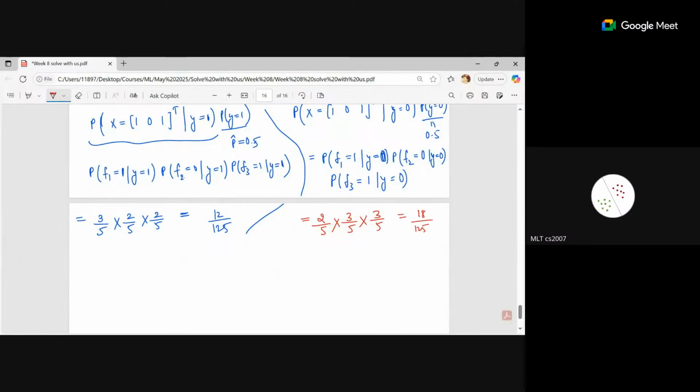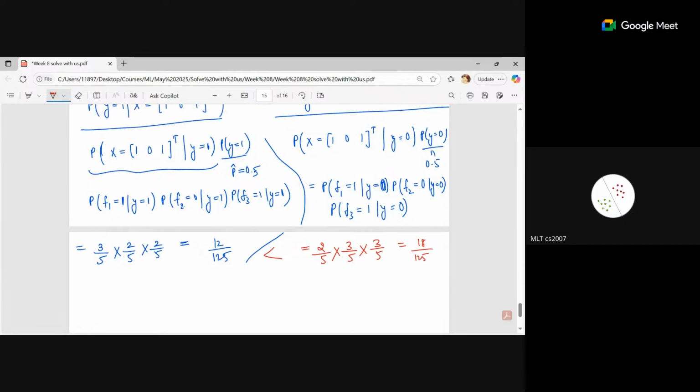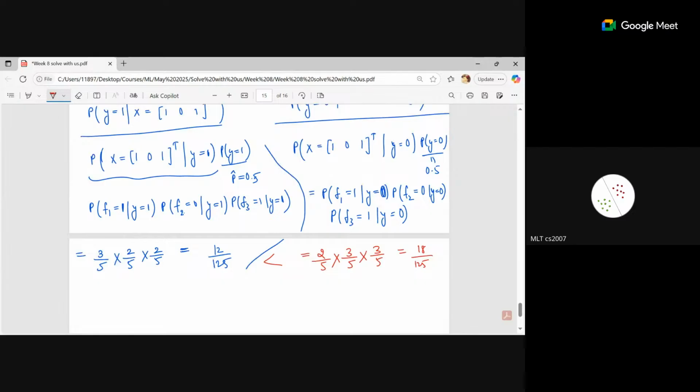Right? So we can easily see that this probability is bigger, right? I mean, this part is bigger for us. It's not the exact probability, but since we just need to compare the label, doing this much is sufficient for us. So we can see the no side you have a higher number.